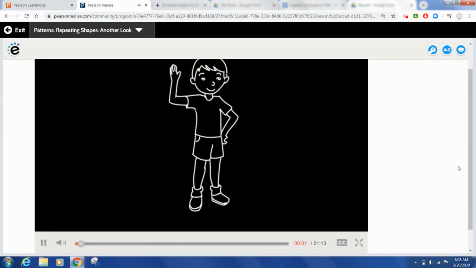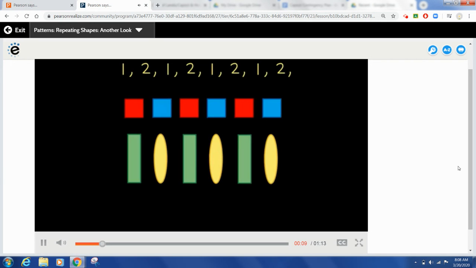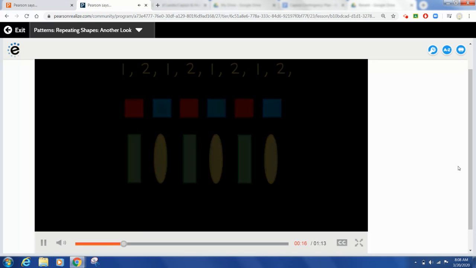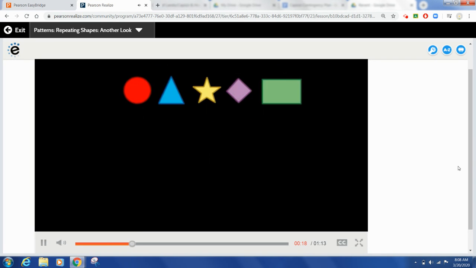Welcome back! This time we're going to talk about repeating patterns. A repeating pattern can be made up of shapes or numbers. It forms a part that repeats. Let's look at an example. Al is using a rule to make the second shape in Al's pattern. Al's rule is circle, triangle, star, diamond, rectangle. There are 5 shapes in his repeating pattern.